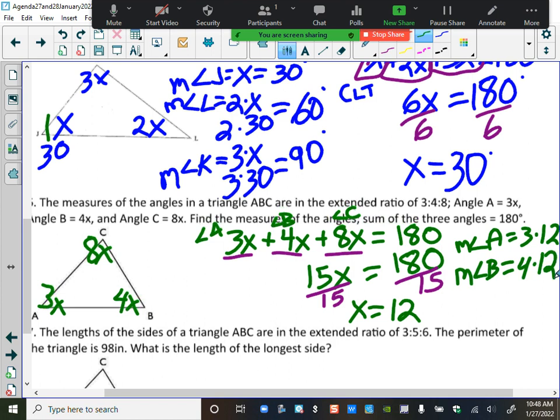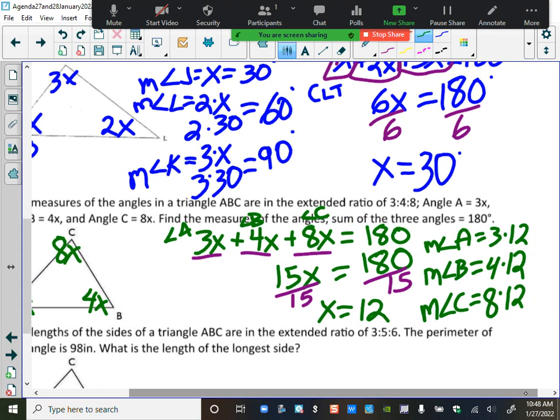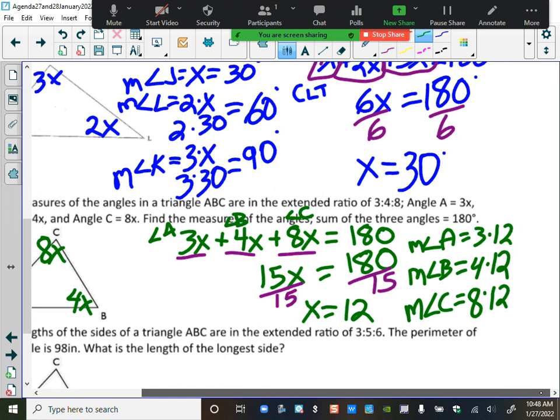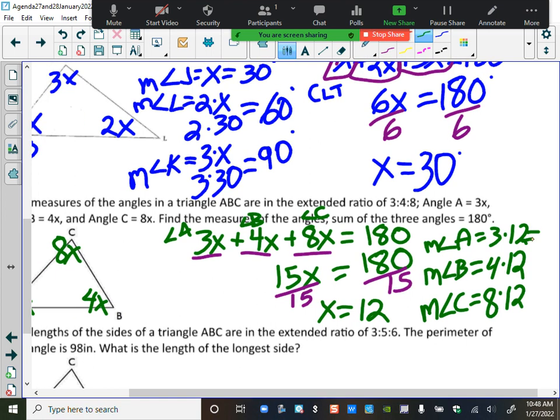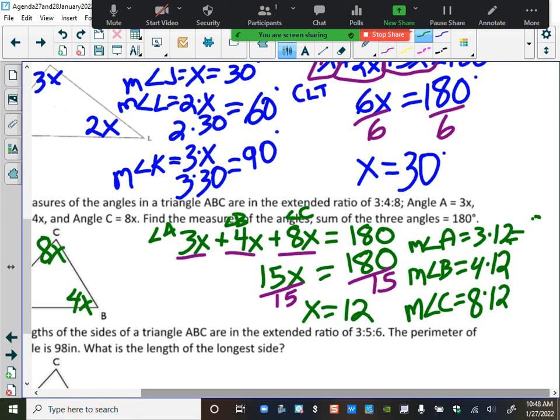The measure of angle C is 8 times 12. So the top one, 36 degrees, 48 degrees, and 96 degrees. So there's your angle measurements.